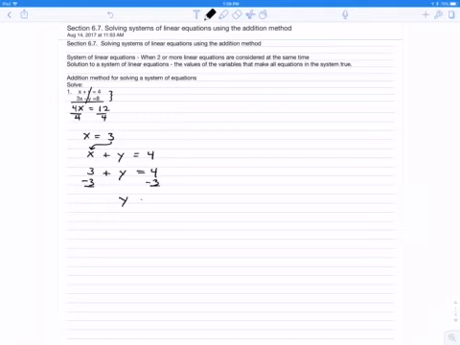I get y is equal to 1. So when x is 3 and y is 1, we'll make both equations a true statement. I'll write my answer as an ordered pair. So in parentheses, I want x first, comma, then y.